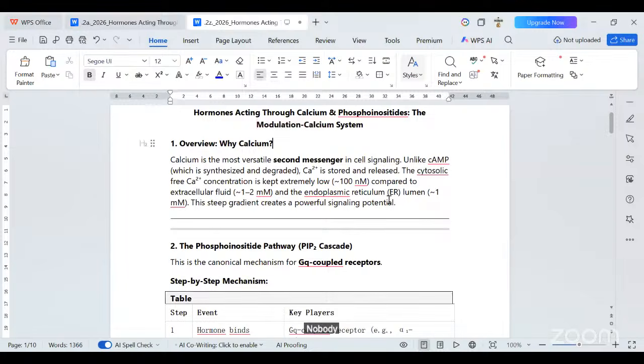Hormones acting through calcium and phosphoinositides, the modulation calcium system.